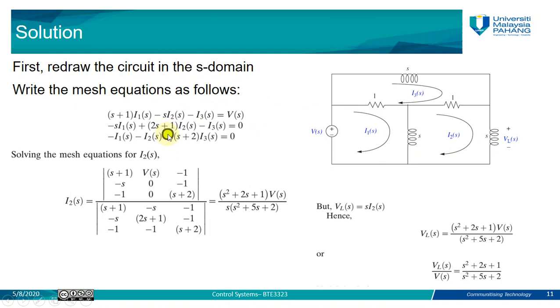So this 1 plus 2s is the coefficient of I2 and it is positive, because in equation 2 our focus is loop number 2. The other loops which have common elements with this loop will have negative impedance values. If I am in loop 2, I have this s in common with loop 1, so it becomes negative s I1.